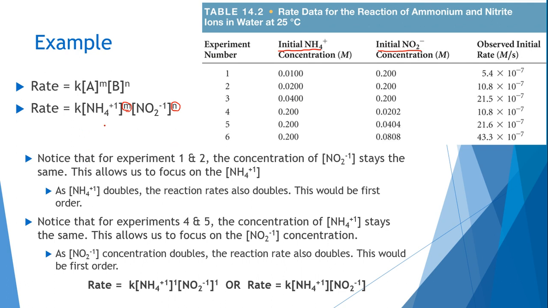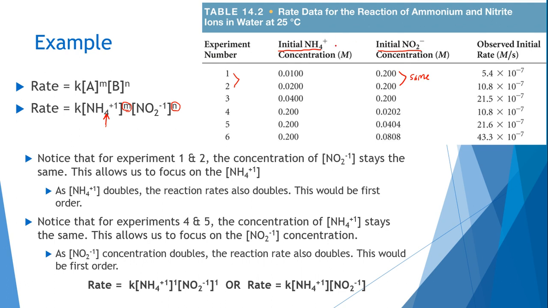Well, first, we want to evaluate NH4, and we want to make sure that we're only changing that value. So we want to look for something where the nitrite concentration stays the same. For example, in experiments 1 and 2, this is when nitrite stays the same.